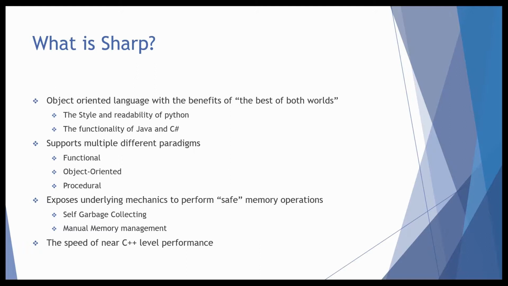And then also, another reason to use Sharp is that the problem that I've mentioned before is that even though Java's gotten a lot faster, and I can't really speak for the speed of C#, but I assume it's somewhere in the realm of Java, maybe faster. But the main purpose was that, okay, I have this cool language that can offer multiple different paradigms, but most likely what's going to end up happening is that it's going to be a really slow language, because you have these high-level constructs and ideas about how to program, and then you have to translate that down into the computer, and it's really hard to do that from high level down to low level.